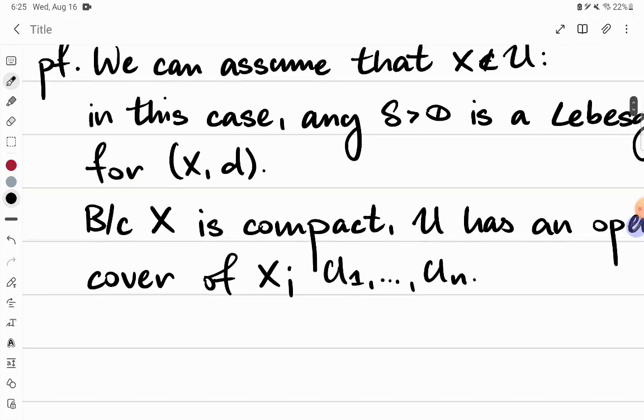And these finitely many sets together are going to cover X by compactness.